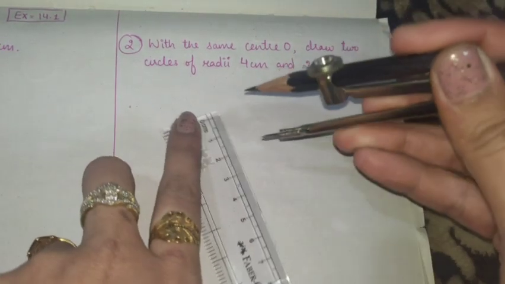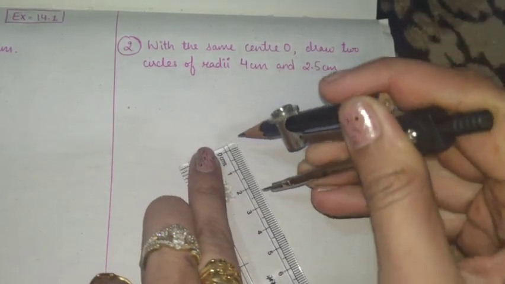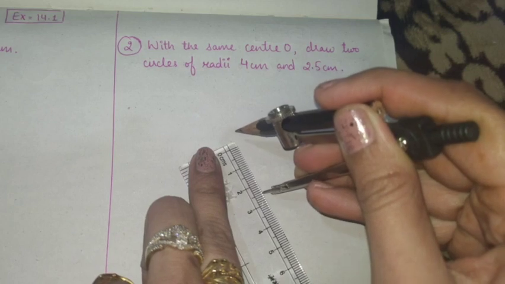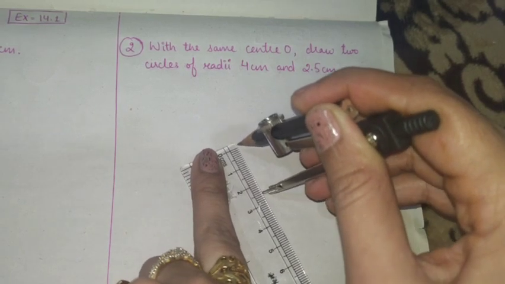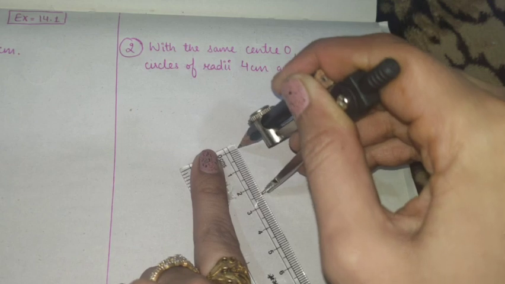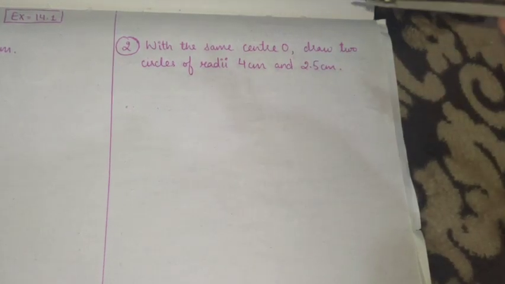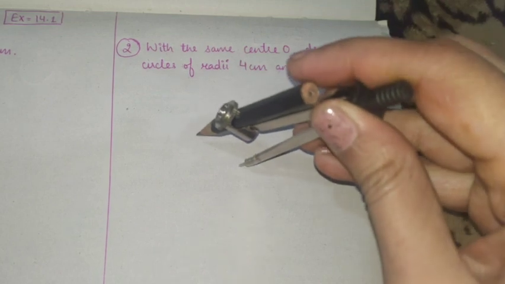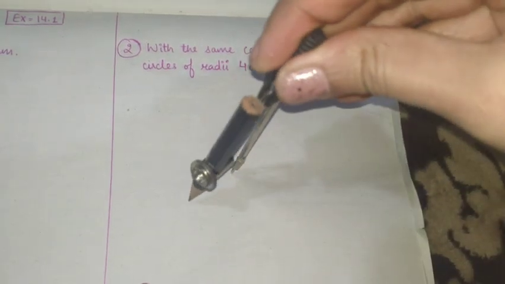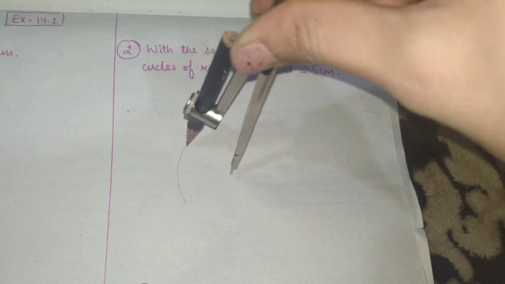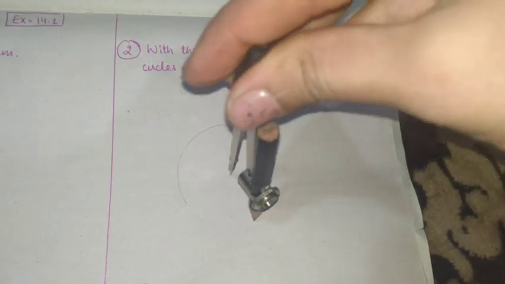So I'll open my compass till 2.5 centimeters. Same procedure, I'll keep my pointer at 2.5 and just pull up my pencil till 0. Okay, now I'll keep my pointer anywhere on the paper and will just rotate my pencil like this.